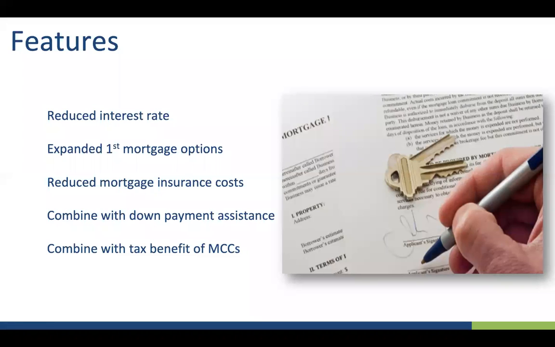expanded first mortgage options. And again, these typically come from state or local housing finance agencies, but some of these options include programs that are kind of unique to housing finance agencies that could reduce mortgage insurance costs.